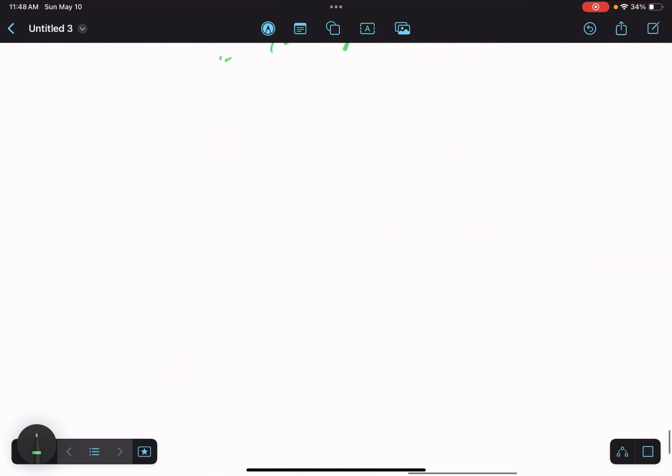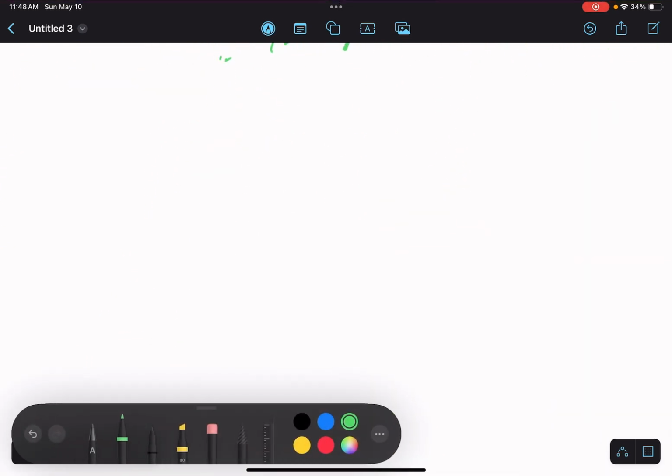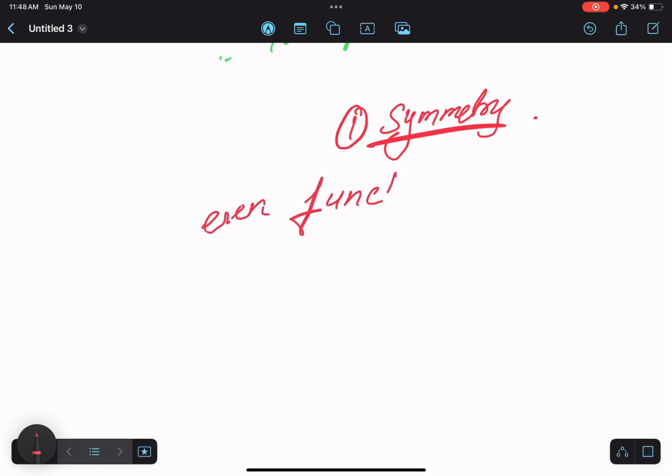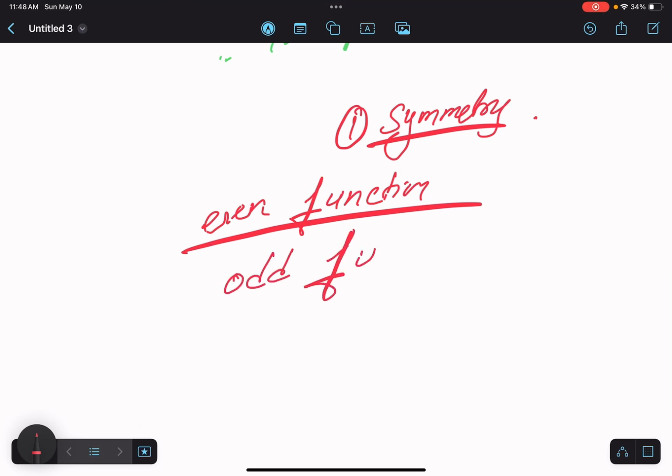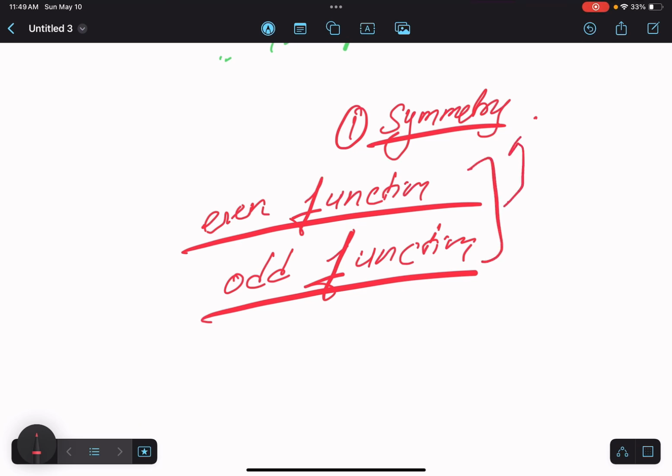Now let us go to the next topic, that is symmetry, right? But before finding symmetry, you need to understand what is an even function and what is an odd function. Once you know that, then only you can say whether these functions are symmetric or not.